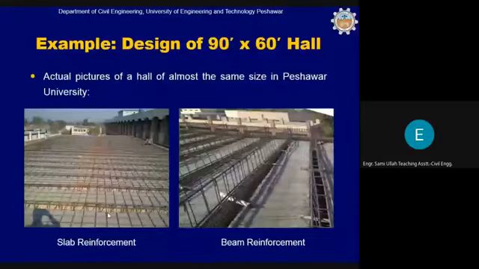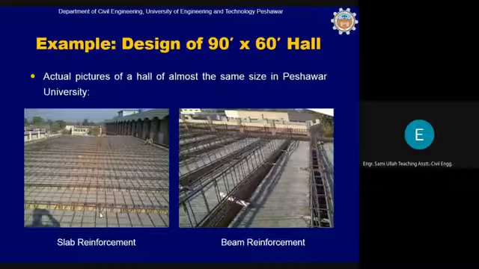The slab positive reinforcement as well as negative reinforcement will be cast with the remaining part of the beam. So slab and beam in this case will be integral to each other.